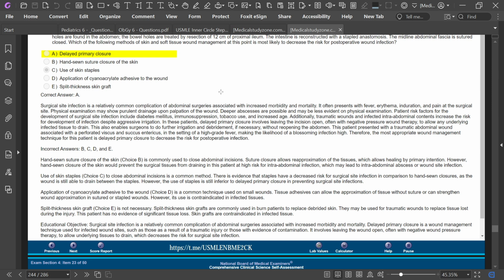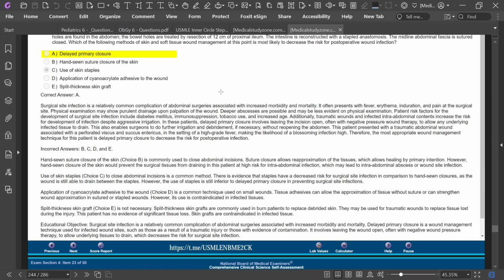Hand-sewn suture closure of the skin is commonly used to close abdominal incisions. Surgical closure allows reapproximation of the tissue, which allows healing by primary intention.